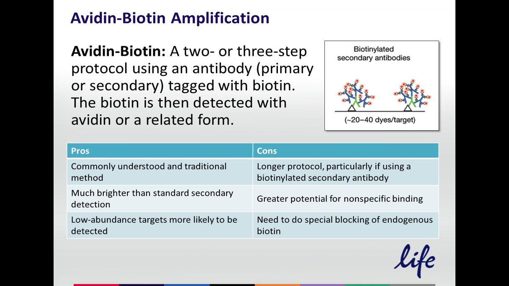So if you have cells and you do a control with only the streptavidin, you're probably going to get some biotin labeling in the mitochondria as well as your specific labeling. This can be a problem, but there are blocking solutions, and we sell a couple of them, where you can block the endogenous biotin prior to doing your primary antibody.